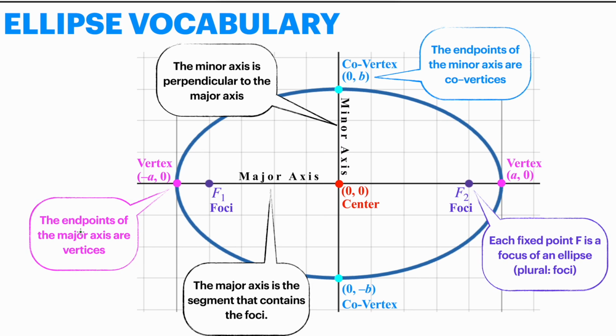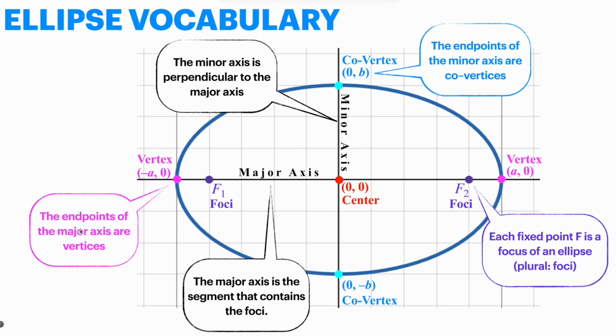Now there is some vocabulary for an ellipse. You have two axes, a major axis and a minor axis. If it's horizontal, the major axis is along the x-axis and the minor axis is the y. The vertex is the endpoint of the major axis.